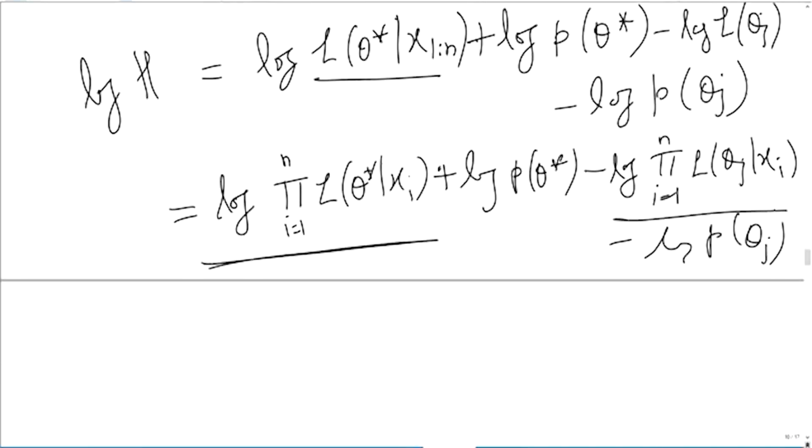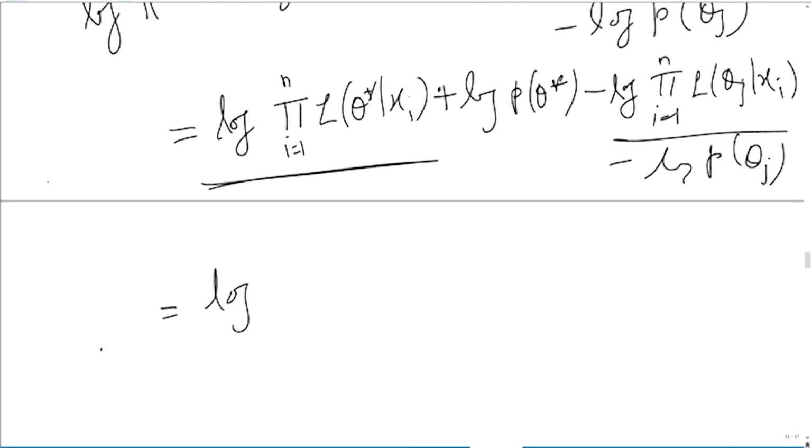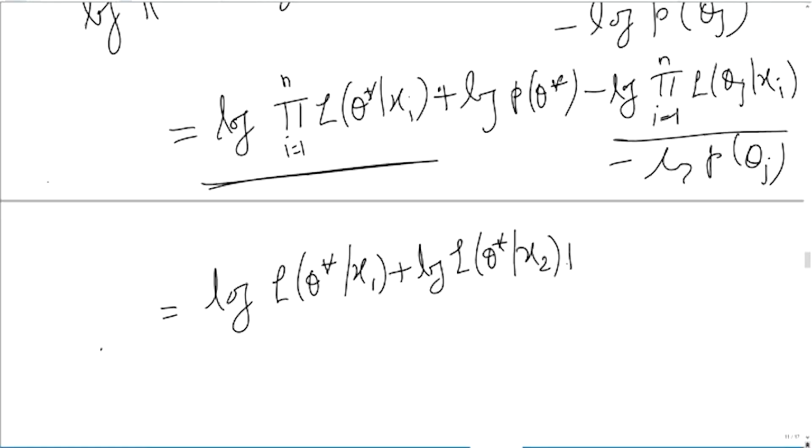Now, let us expand this term and this term. What you are trying to do here is take log of a product of certain things, right? So log of a times b times c times d can be written using the identity of logs as log of likelihood of observing x1 plus log of likelihood of observing x2 and so on. So I have just expanded this term. Basically you can rewrite this whole expression like this.